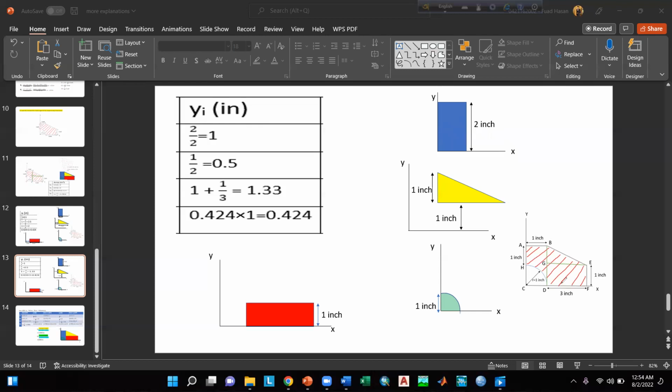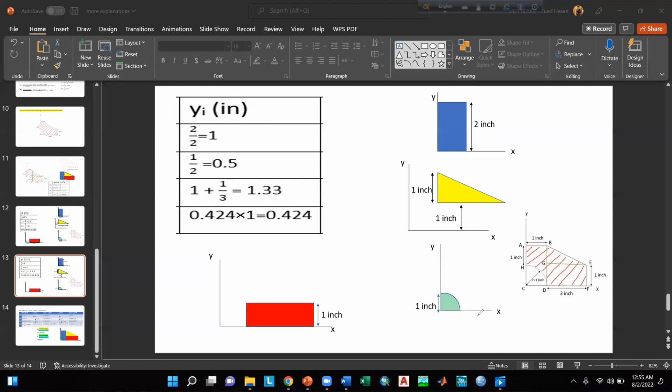As you can see, this triangle is located at a distance of 1 inch from the x-axis, and if we consider from this side that it is our height, the final centroidal distance will be equal to 1 plus h by 3, which is basically 1 plus 1 by 3 and equal to 1.33 inch from this x-axis.